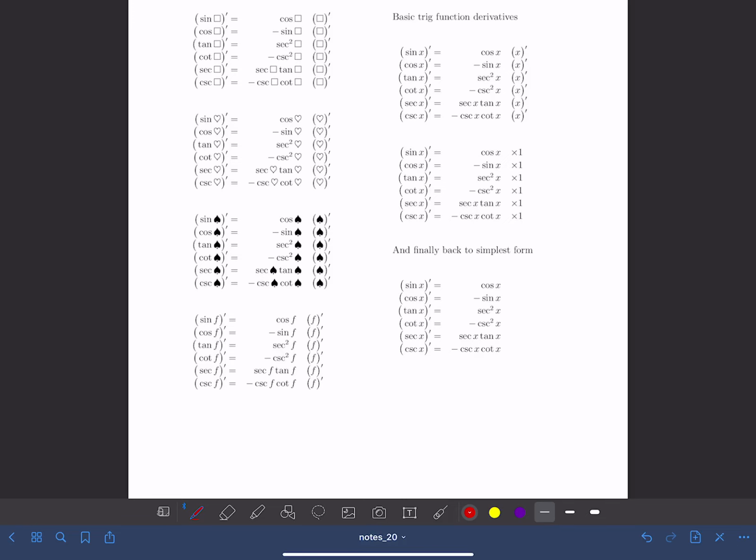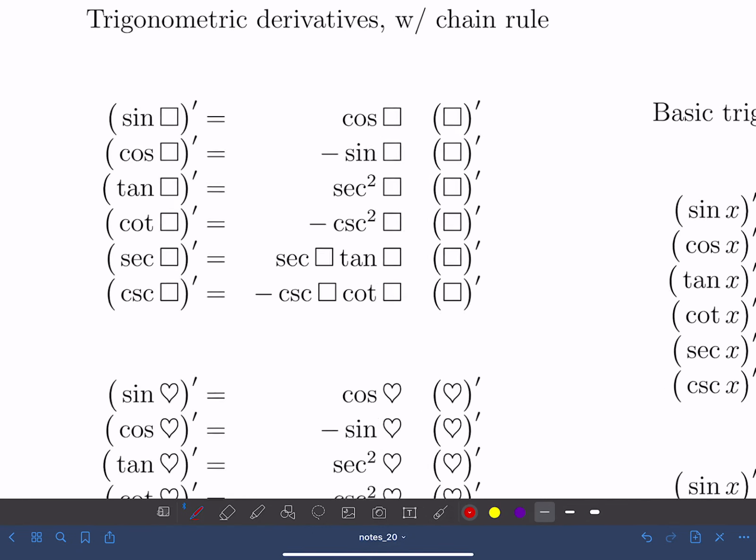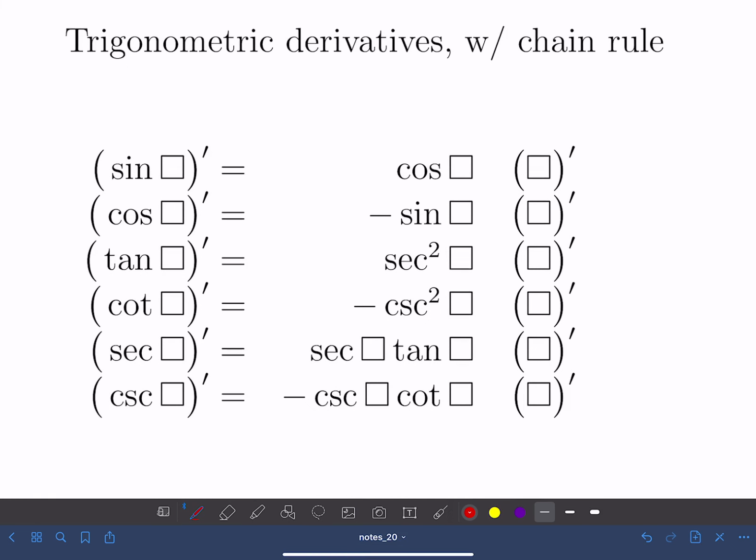So in order to really drive that point home, I put up the derivatives of the trigonometric functions for you. And I started with just squares. In all of these cases, I've got the basic formula. So the derivative of sine is cosine. The derivative of cosine is minus sine. I've got my squares to indicate that it doesn't matter what's on the inside there. That's always going to stay the same in all of these places. So wherever we saw square on the left-hand side, we're still going to see a square on the right-hand side.